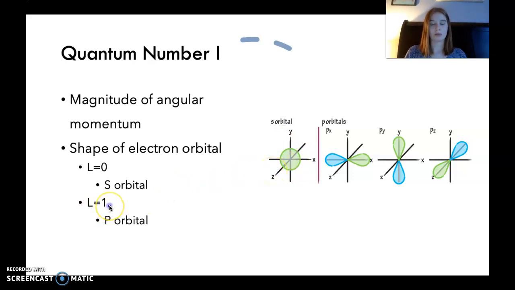When L equals 1, so the value of the angular momentum has changed, then we have what we call a p orbital, and this looks like this. It's like a dumbbell. And this is actually super interesting because it also resembles wave functions, which we've also studied. So there's a positive side and then a negative side on either side of this axis here, which passes through the nucleus, and there's a node at the center where there's no electrons at all.